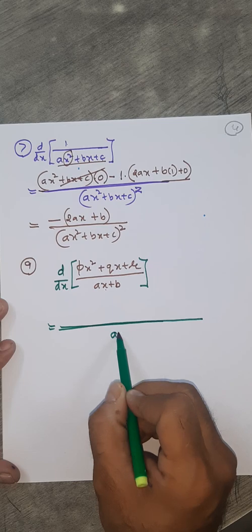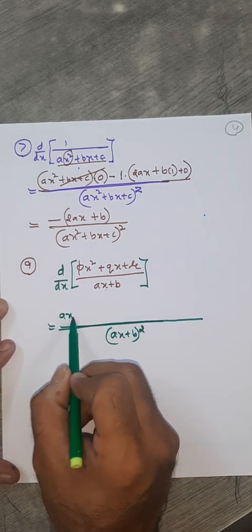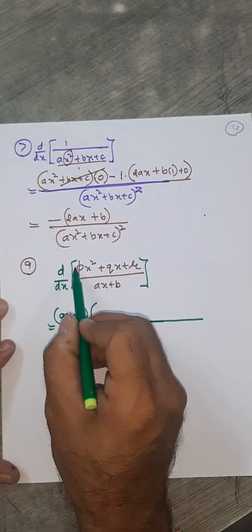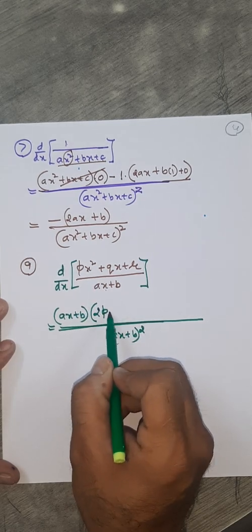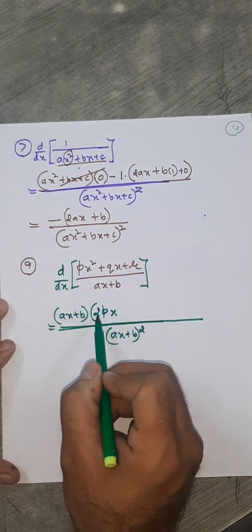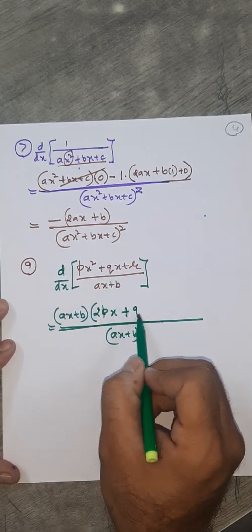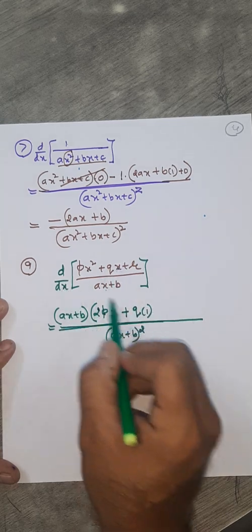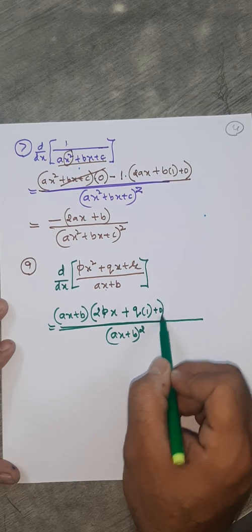So I'm squaring (ax plus b) the whole square. Then (ax plus b) as it is here. Differentiation of this: p being constant as it is. What's the derivative of x square? 2x. When you have a constant with the function as it is, differentiation of x square is 2x. q being constant with x as it is, derivative of x with respect to x is 1. r being constant alone, derivative is 0.